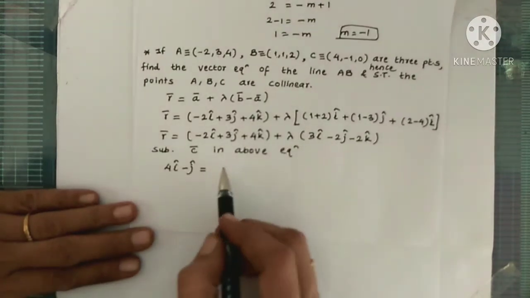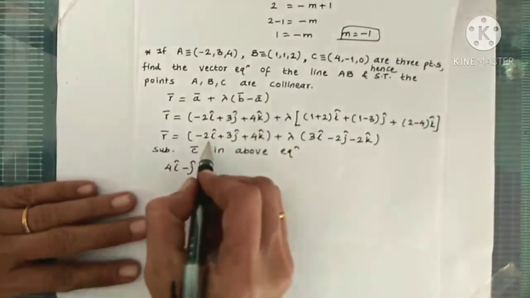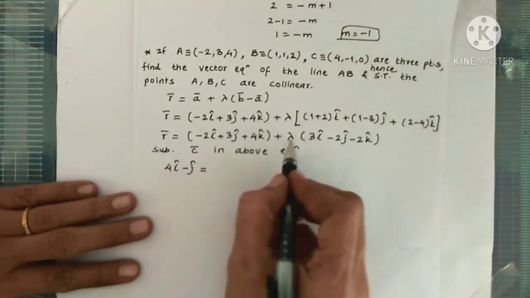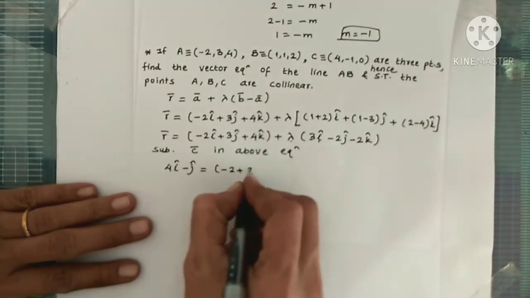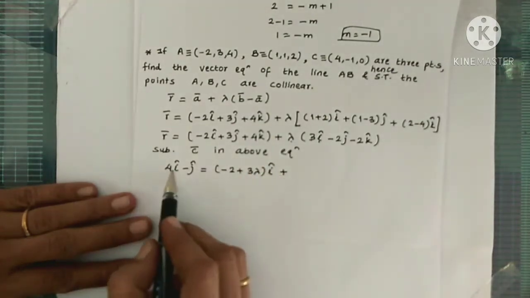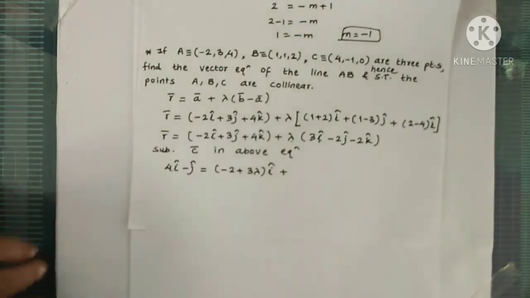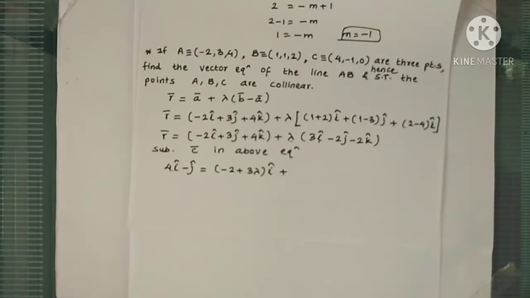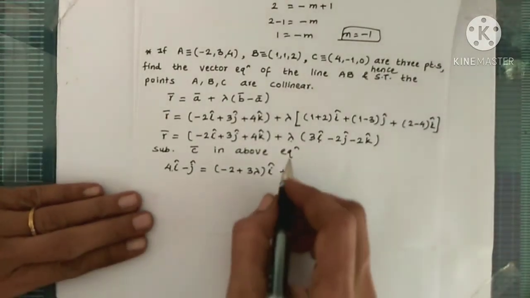So in the right hand side, let's write only one term in i cap: minus 2 i cap plus 3 lambda i cap. That means it is (minus 2 plus 3 lambda) i cap. So we can equate these coefficients and find the value of lambda. We will have three equations in terms of lambda, and let's prove that we get the same value of lambda in each case.